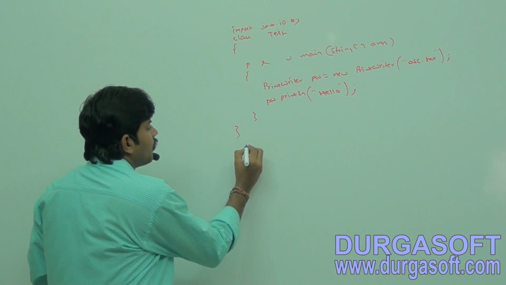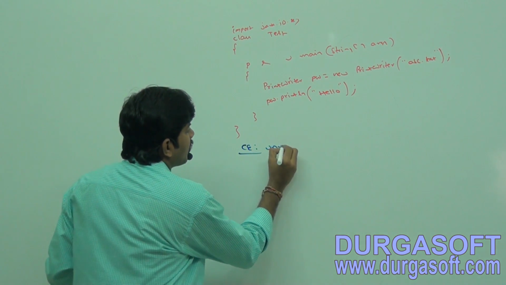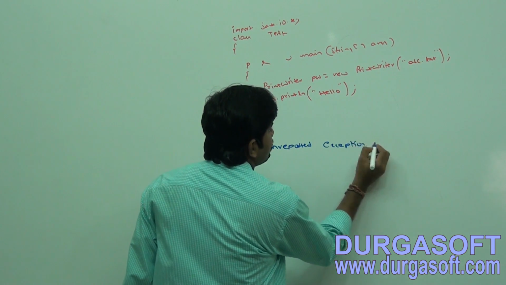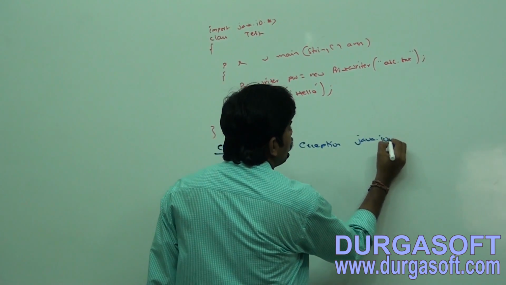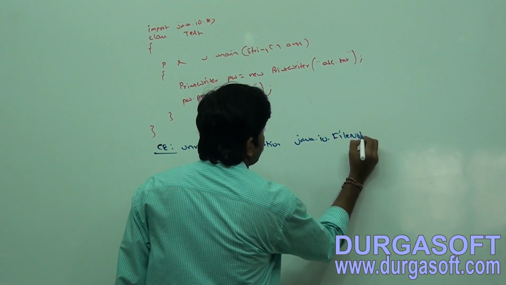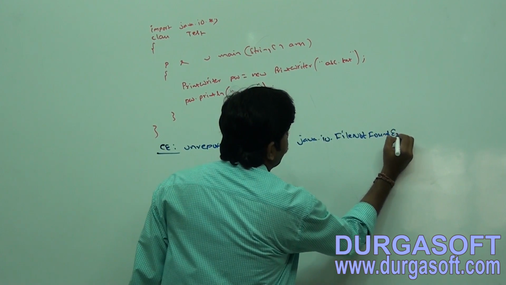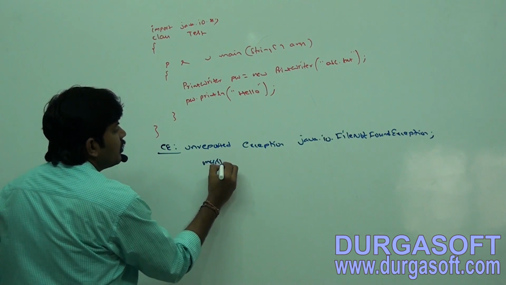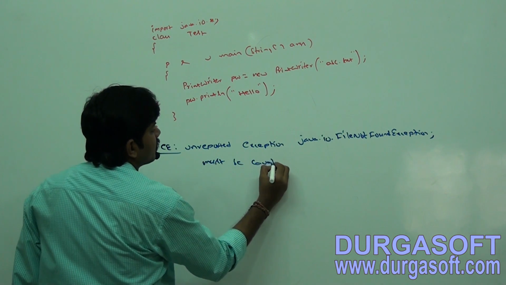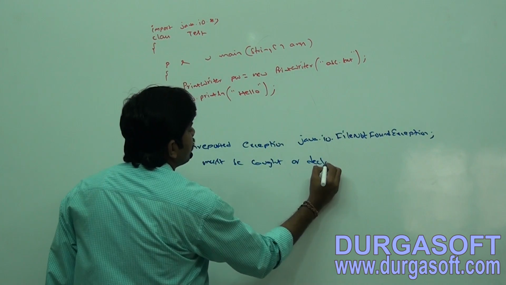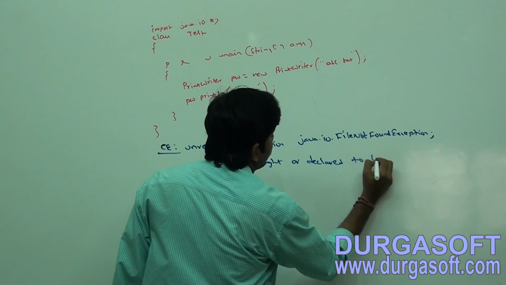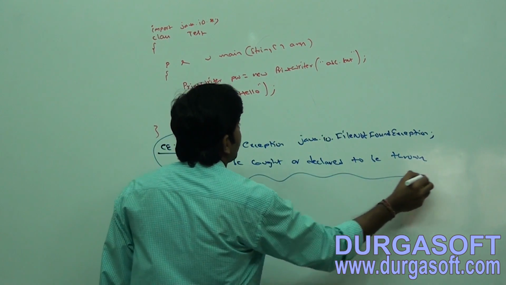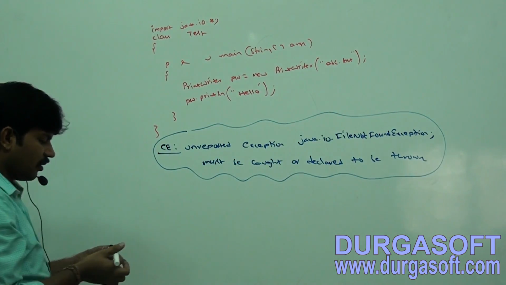Immediately we are going to get a compile time error saying unreported exception java.io.FileNotFoundException; must be caught or declared to be thrown. Are you getting the point, right?